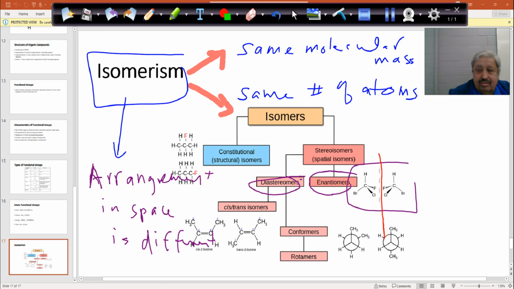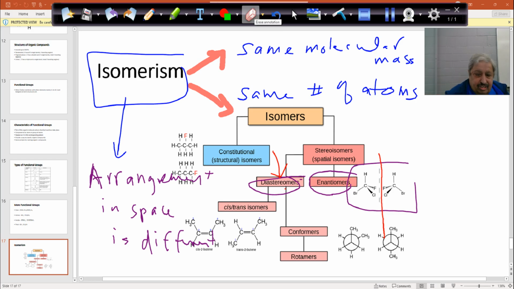The same number of atoms, you can count how many hydrogens, how many carbons, how many chlorine. The same molar mass. But the arrangement in space is totally different. Correct? So this is not a mirror image of the other.